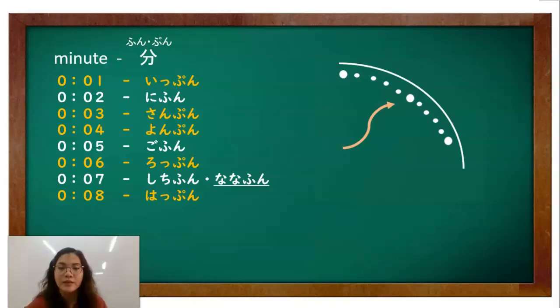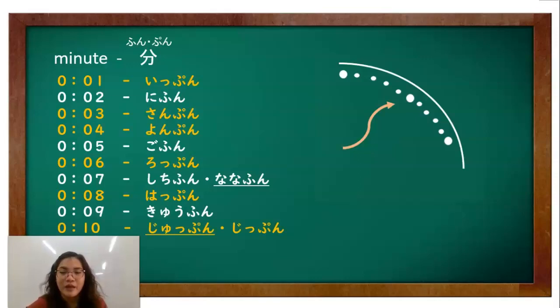Chi is changed to a small tsu and we add pun in 8 minutes. Next, 9 minutes is Q Fun. And last, 10 minutes is Jup Pun or Jip Pun.